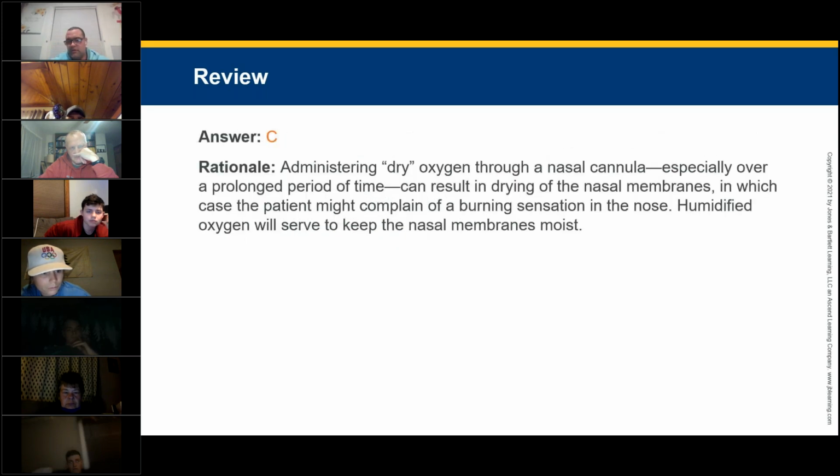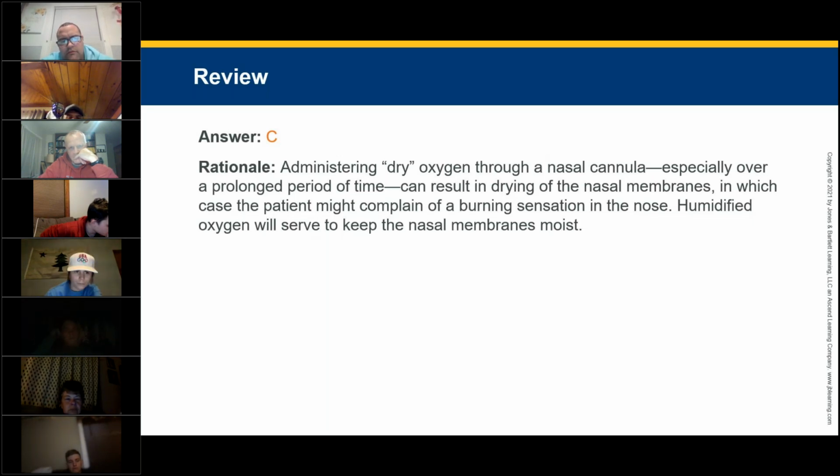C. So this is, like we were talking about, the oxygen humidifiers. The dry oxygen through the nasal cannula really dries out your nose. It causes that burning sensation. Unfortunately, most of our ambulances don't actually carry humidified oxygen. That's more of something you'd see in a nursing home or even in the hospital setting. But if you have it, it's great for this purpose.